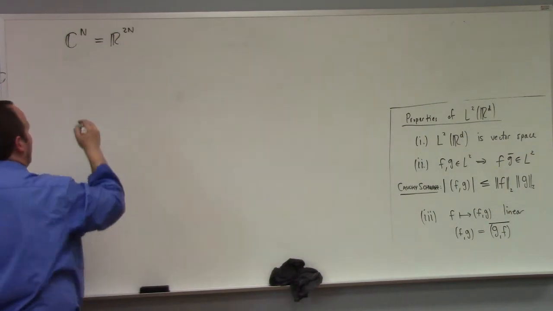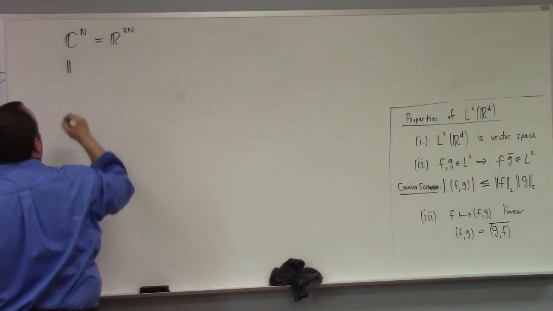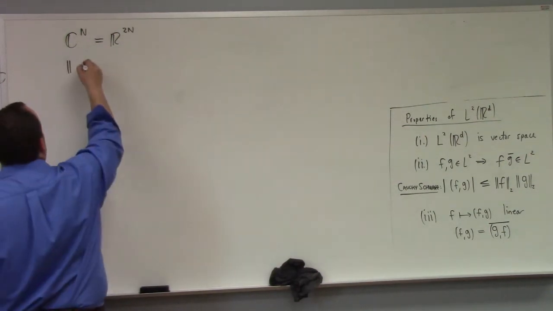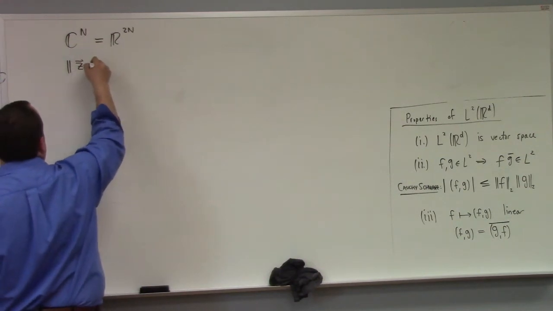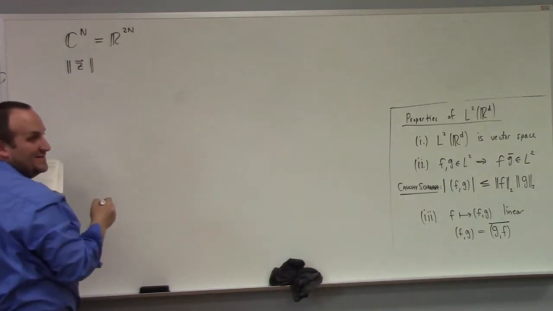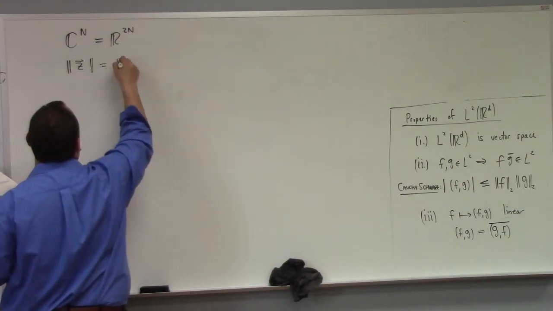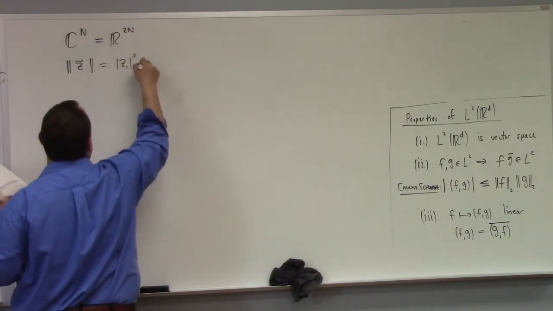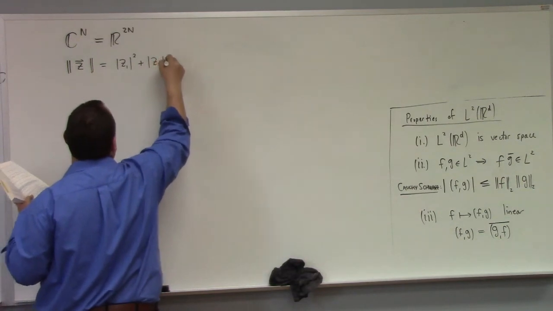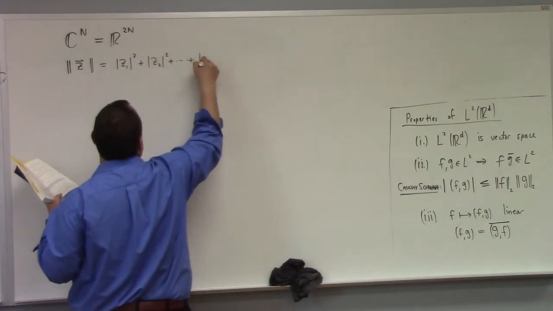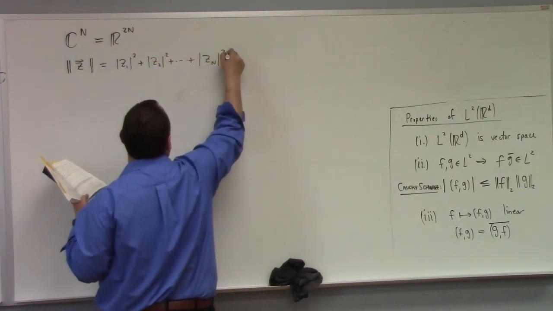If you look at the norm in the usual sense of Cn of a vector of complex things, it's the absolute value of z1 squared plus the absolute value of the second component squared, up to the absolute value of the nth component squared, right?